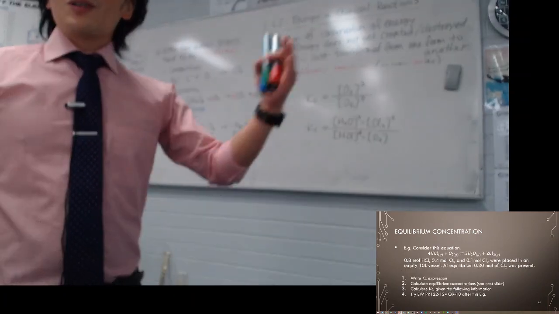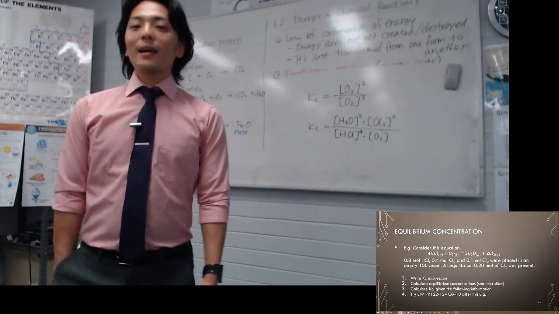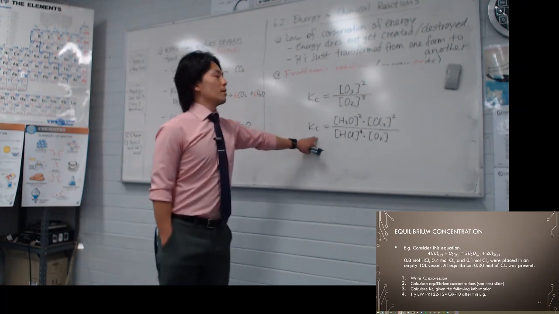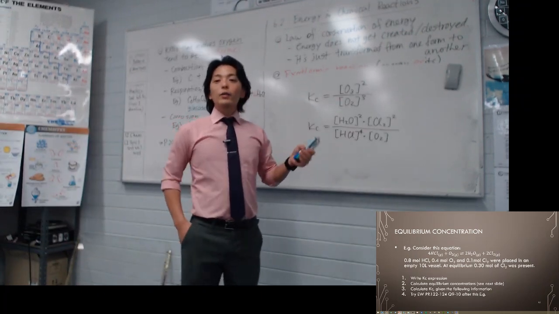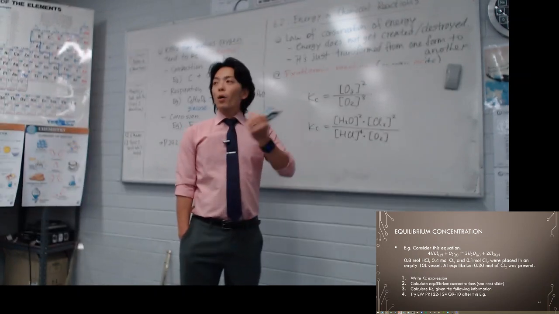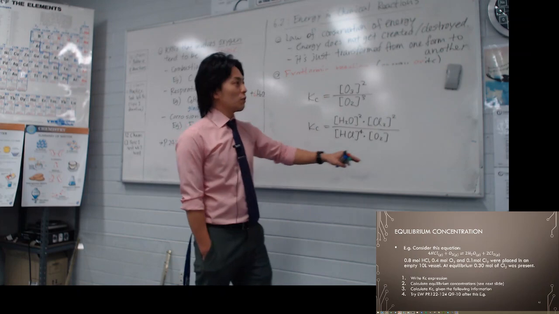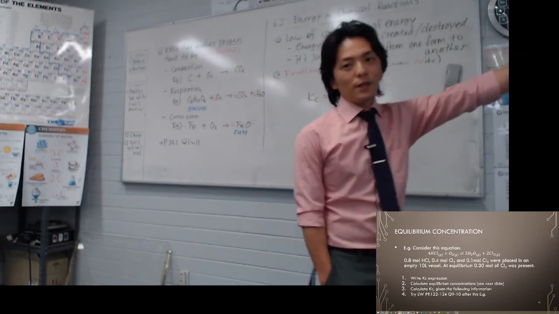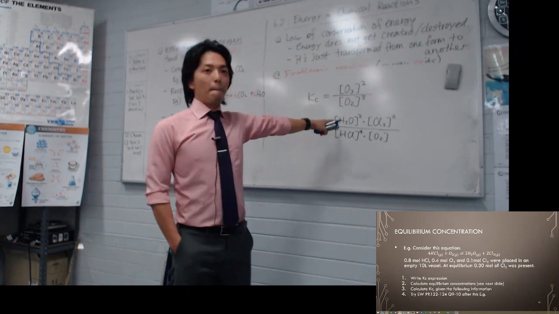What we meant to do, you are supposed to calculate the equilibrium concentration and calculate Kc. Now that you have found the equilibrium number of moles, let's convert that into concentration, which you just have to divide by 10 because the vessel was 10 liters. Then put that in here.